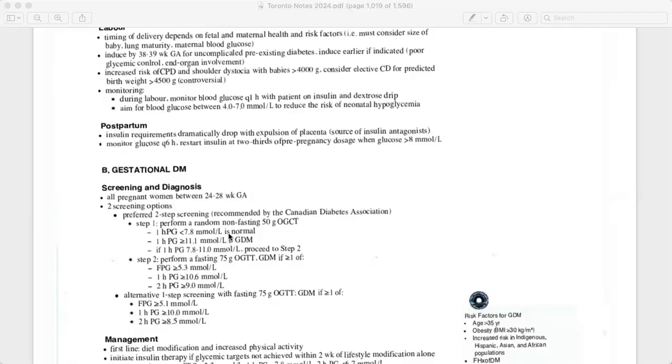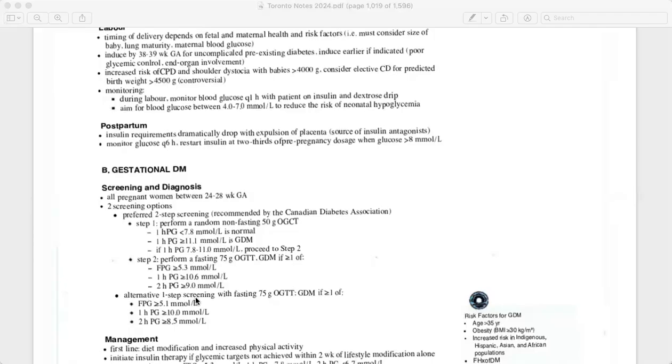Doing this after step 1, the values should be lower than before: 7.8 in the first one, 5.3 in the second one. So remember, fasting plasma glucose more than 5.3, 1 hour plasma glucose more than 10, and that's basically diabetic.